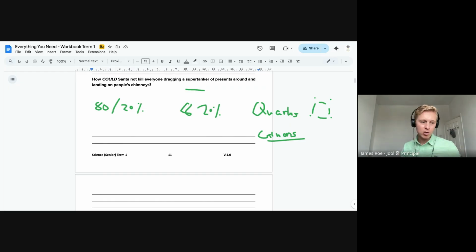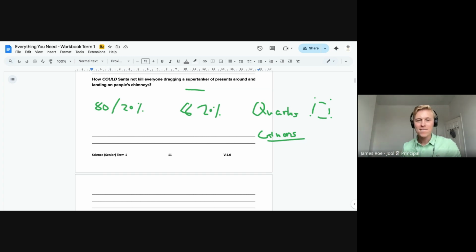So now, if we use a little bit of quantum manipulation, like we said before, you could reduce the space between atoms or inside atoms, and you can reduce the space between quarks, and you can shrink yourself down like Ant-Man. Then we could use this idea with these presents.